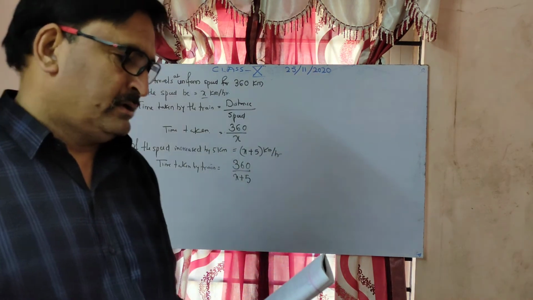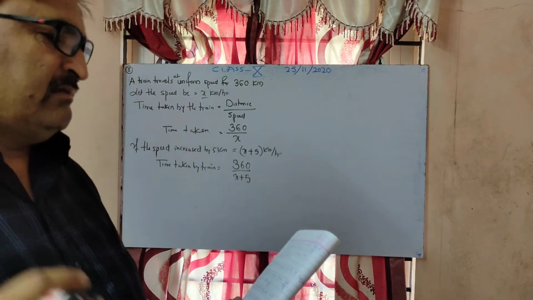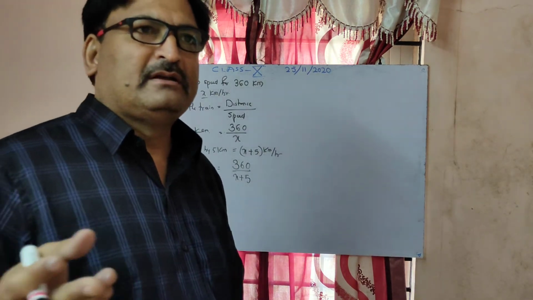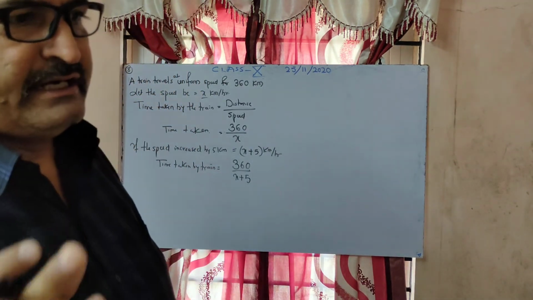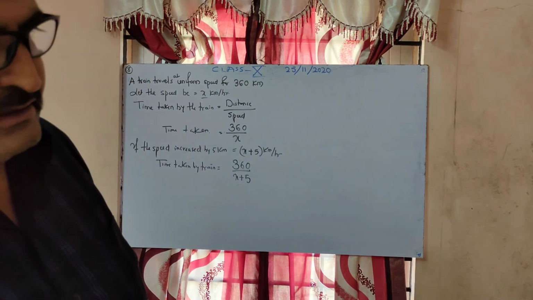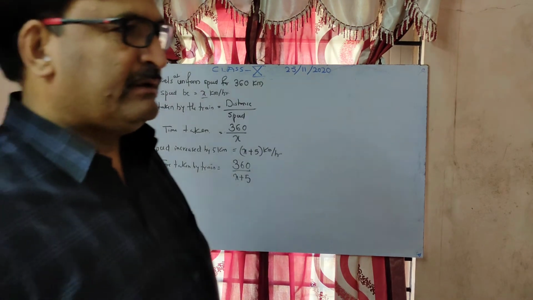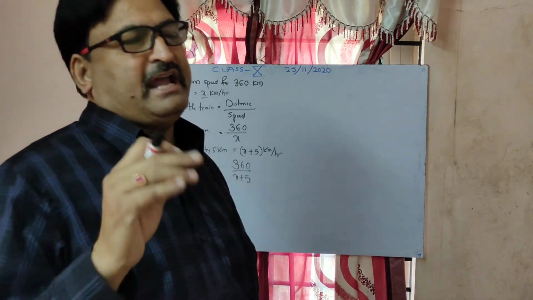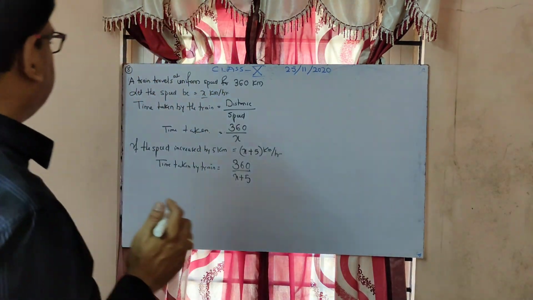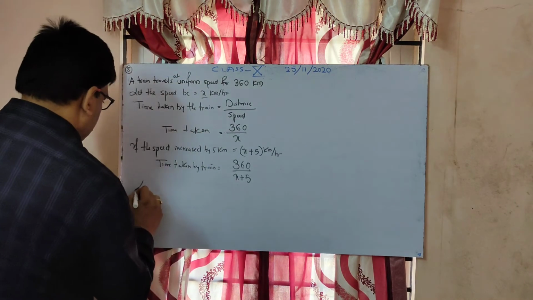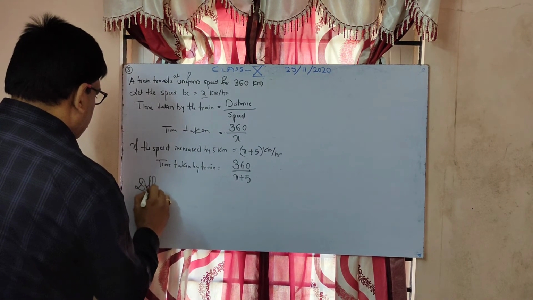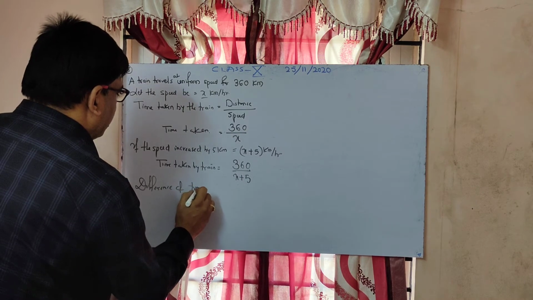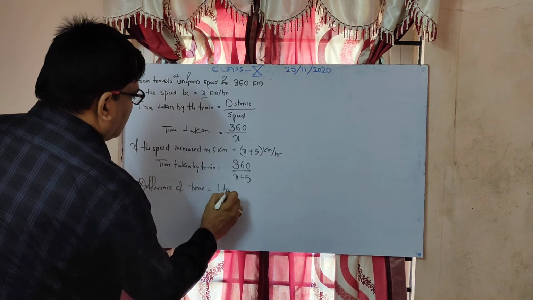Now what is next? It would have taken 1 hour less. If the speed is increased, the time taken by the train will be 1 hour less than the initial time. So the difference of time is 1 hour.